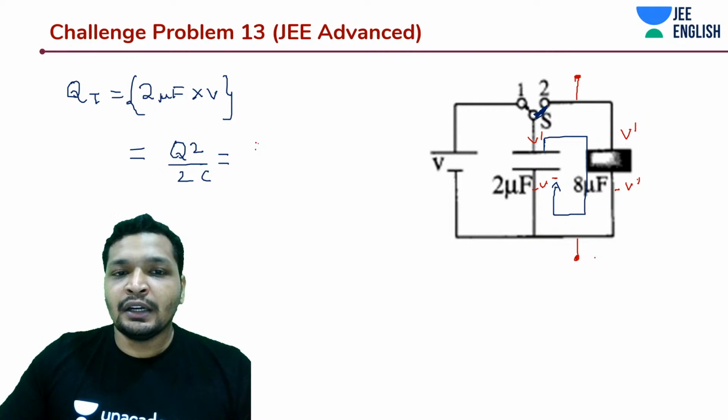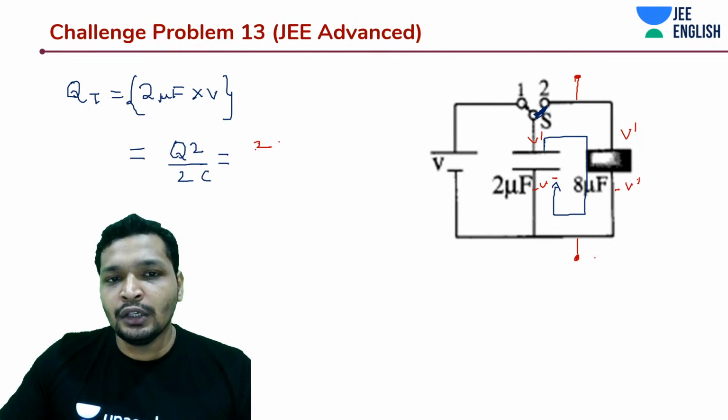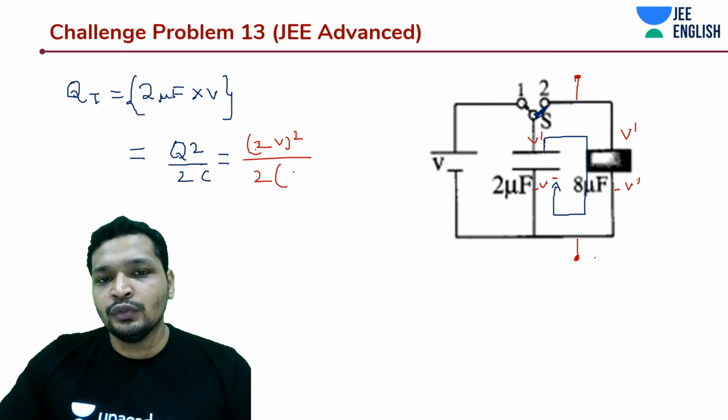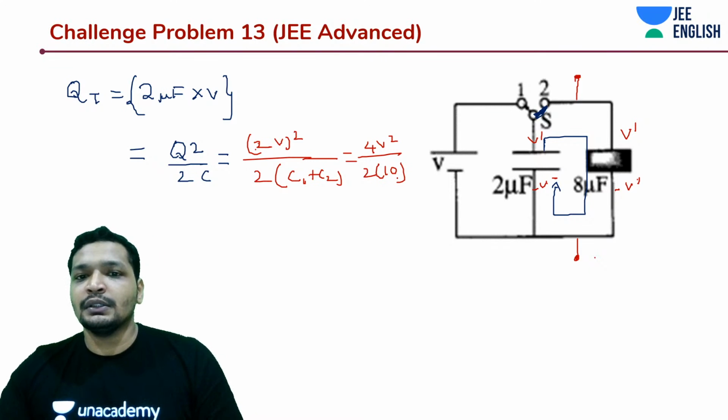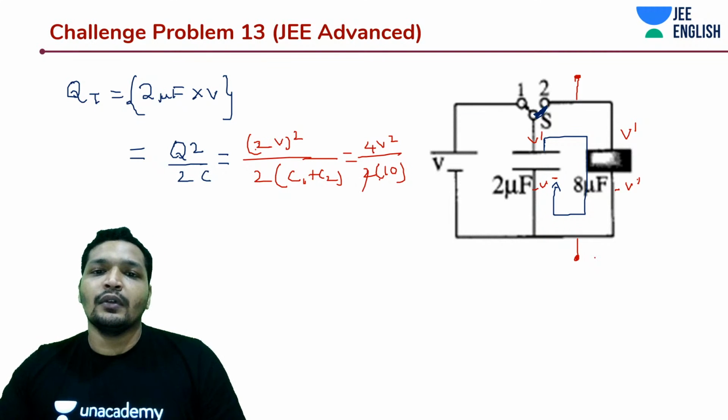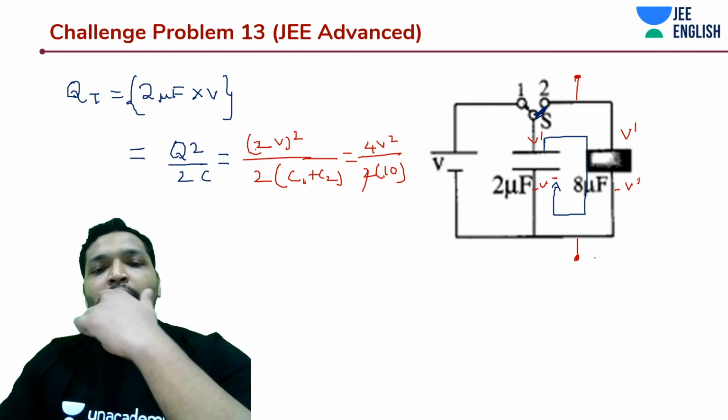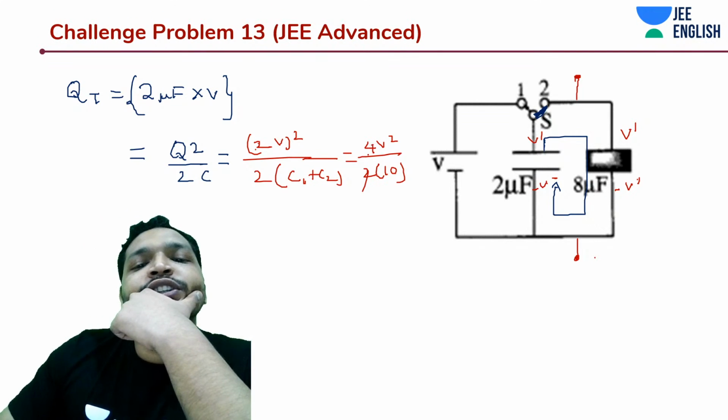You can directly write it down as 2 into V whole square divided by 2 into C1 plus C2. How much is that? 4V square by 2 into 10. Is that what it is? Just a moment. So this is not giving us any, 2V square by 10.